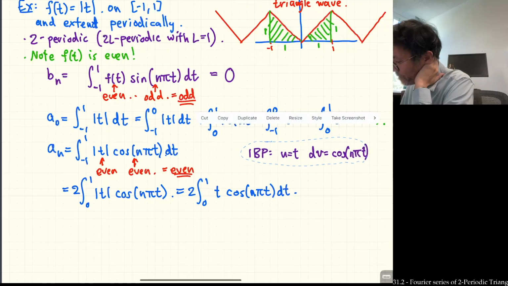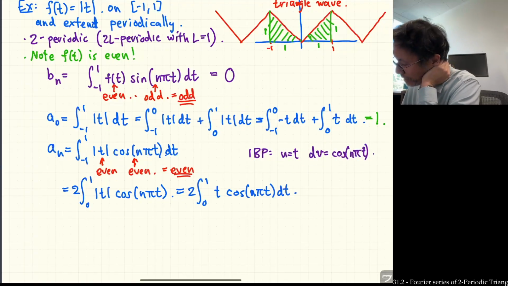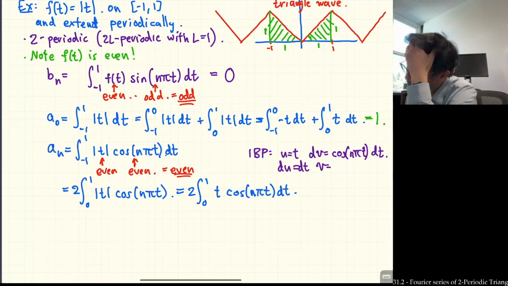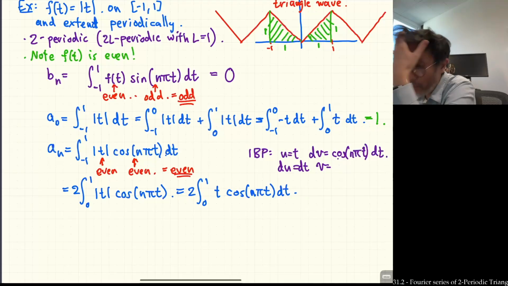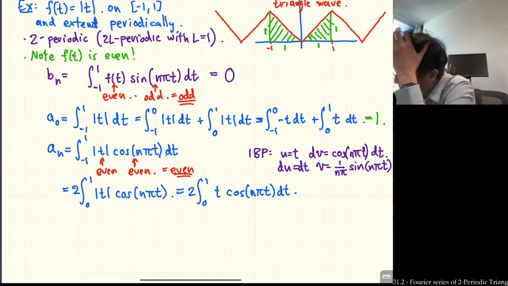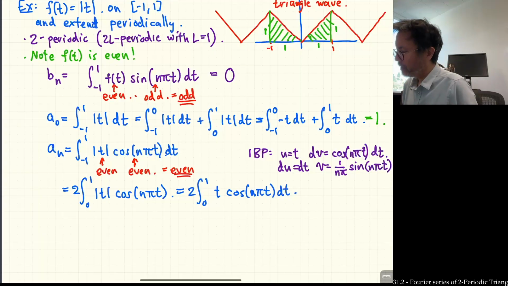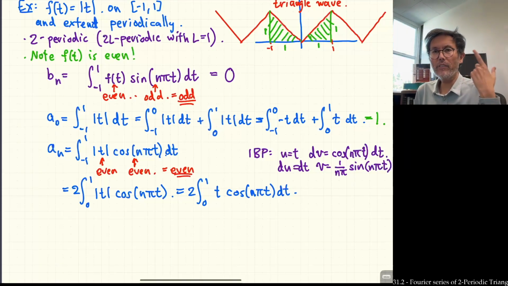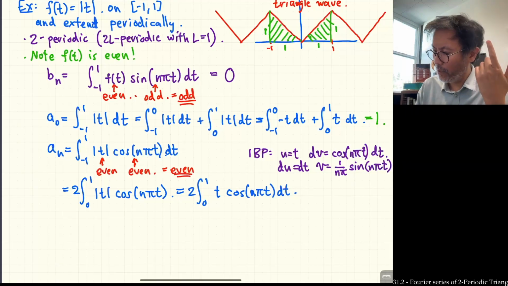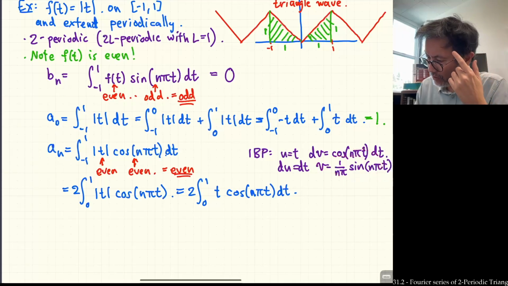Then du is dt, and v is 1 over n pi, remember, n is not 0 here, so 1 over n pi sine n pi t. Do you believe it? If you ever need a check on yourself, just take the derivative of that and you'll get it.